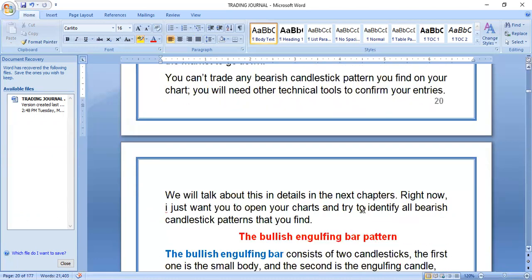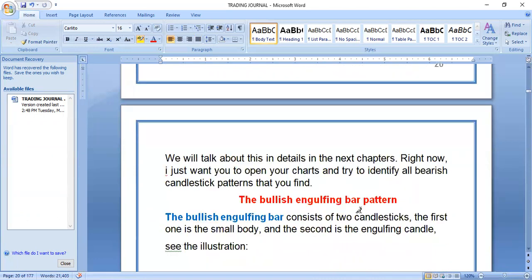Then you have the bullish engulfing bar pattern. You have the bullish engulfing pattern, which consists of two candlesticks.